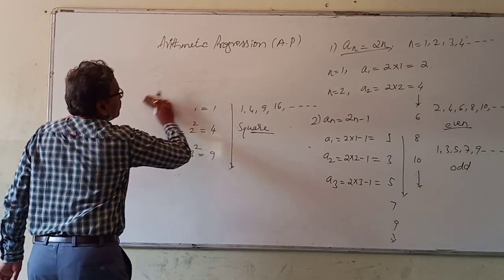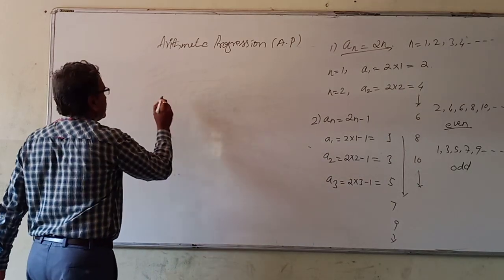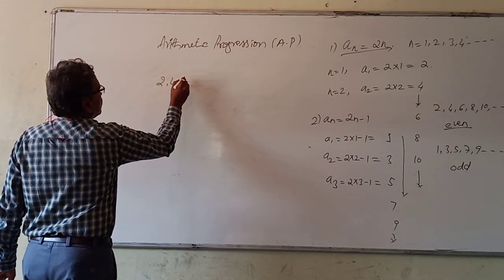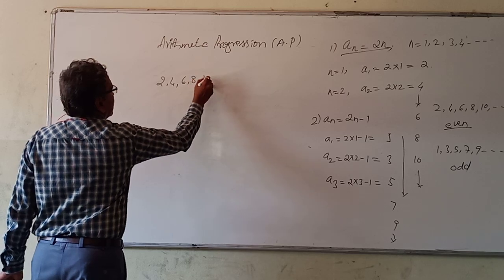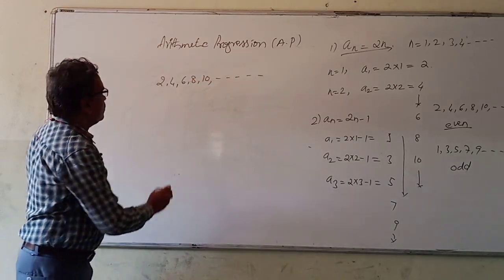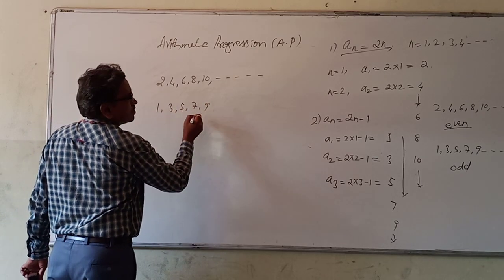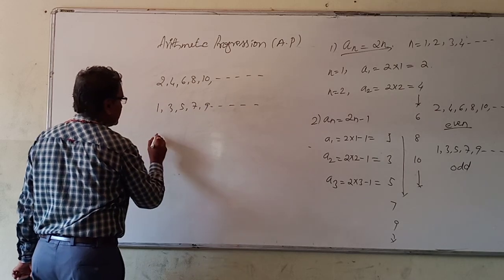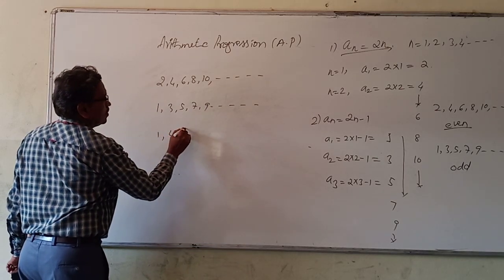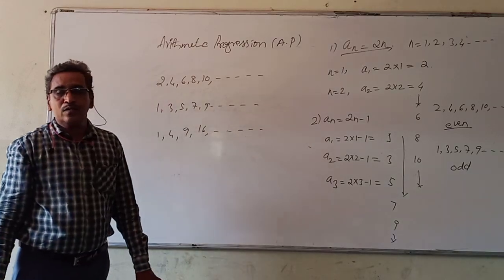Now, when you are observing the first sequence, 2, 4, 6, 8, 10 and so on, and also 1, 3, 5, 7, 9 and so on, and the third example 1, 4, 9, 16, all are according to a definite rule.